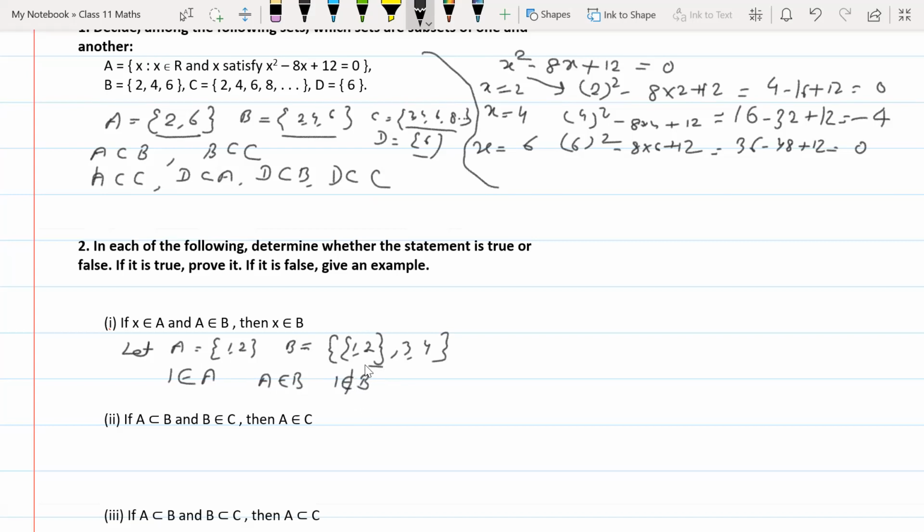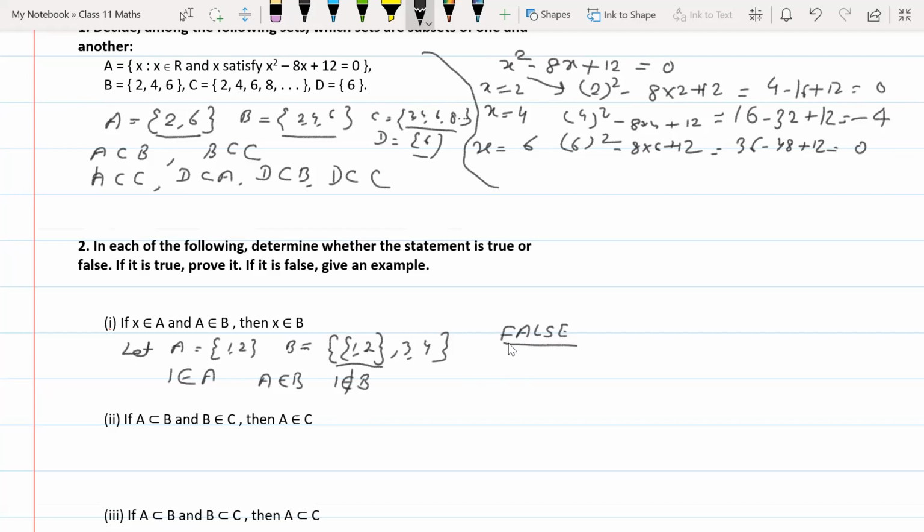Because {1, 2} is considered as a single element in the set. Hence, 1 doesn't belong to B, but the whole set {1, 2} belongs to B. So we can say that it is false.